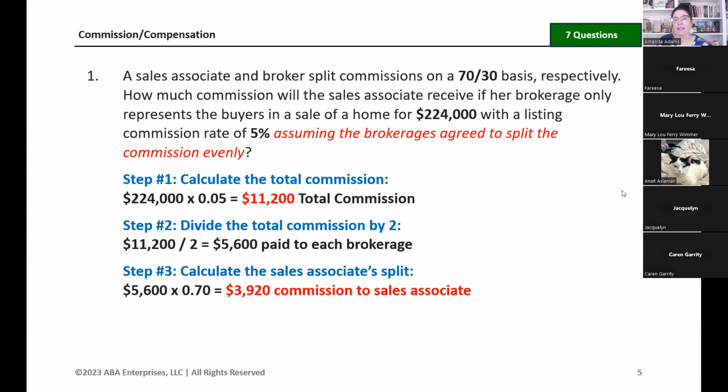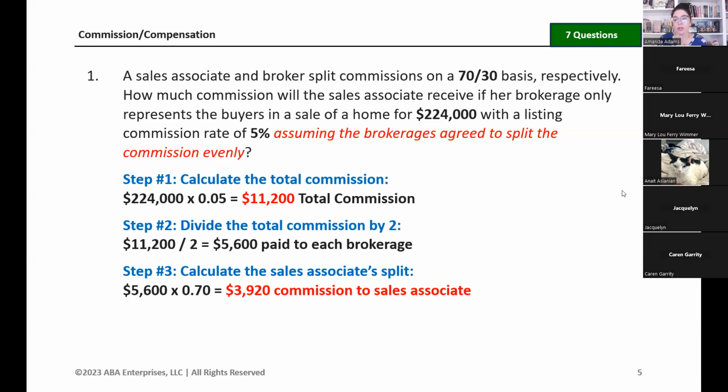Well, it's still considered dual agency because the broker has both sides of the deal. Remember, the broker technically has the listing and the broker technically has the buyer agency. So it's still dual agency.